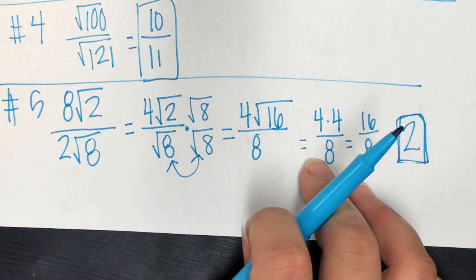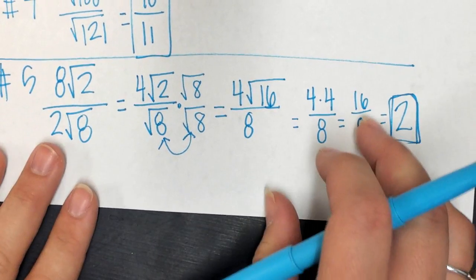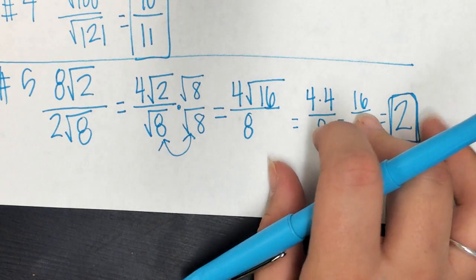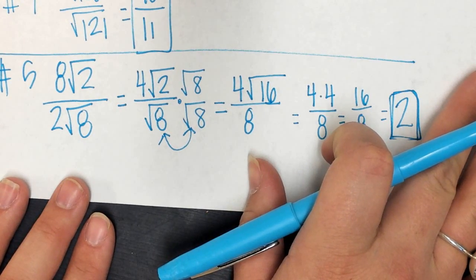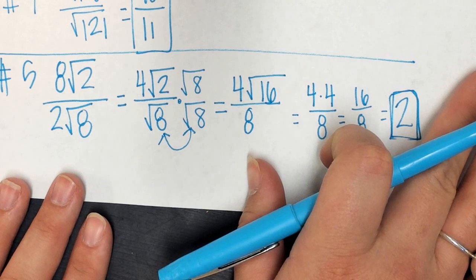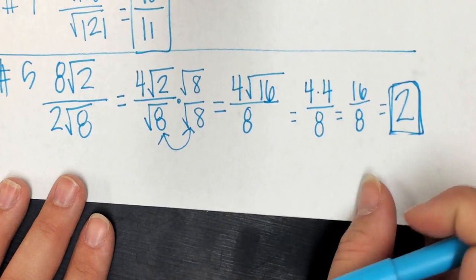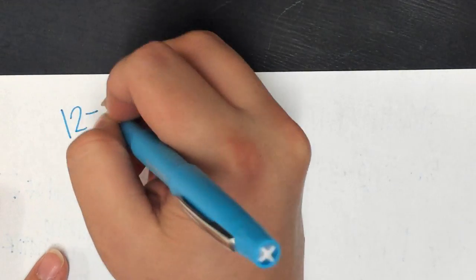Okay, we have about 10 minutes left. I want you, for homework, it's the same thing my other classes did. I want you to do 12 through 16, which is on the back of this note taker.